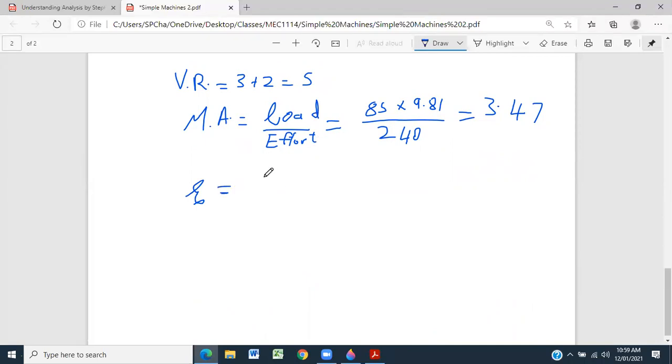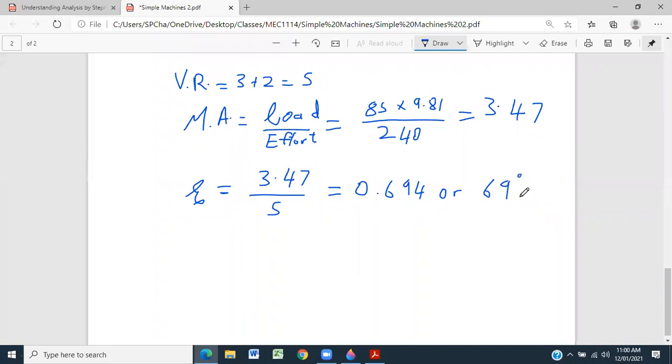Right, so efficiency is equal to mechanical advantage 3.47 divided by our velocity ratio, which we found as 5. Plugging this into our calculators, we get efficiency as 0.694, or as a percentage, we can just say 69%.